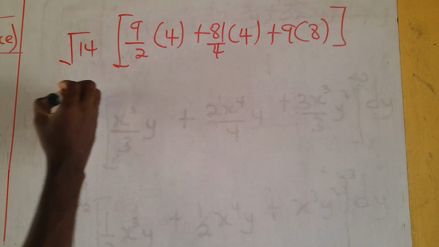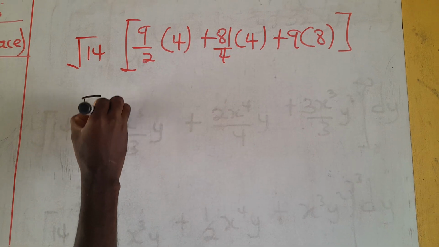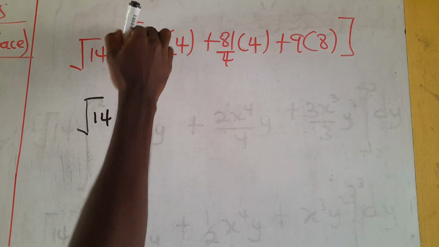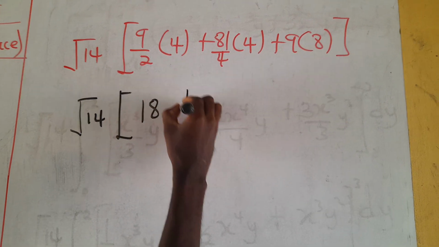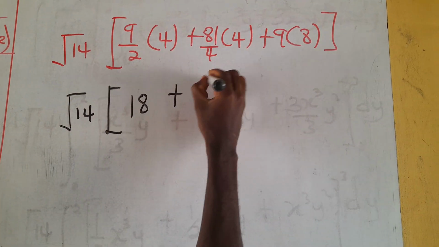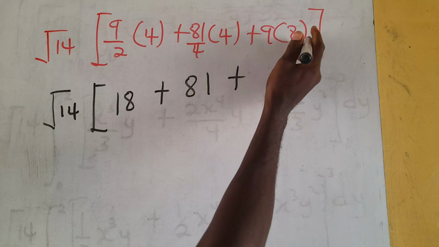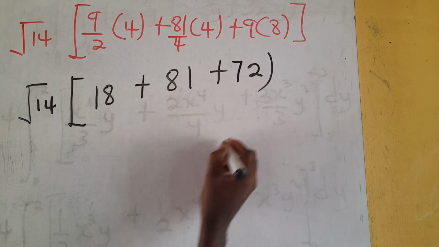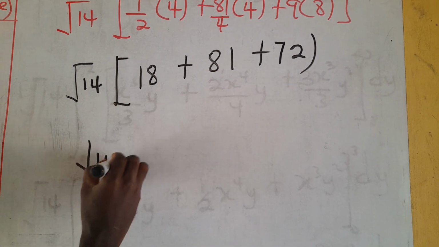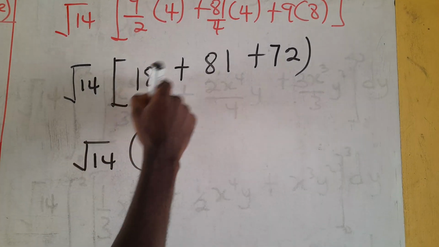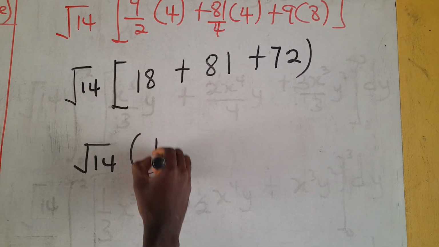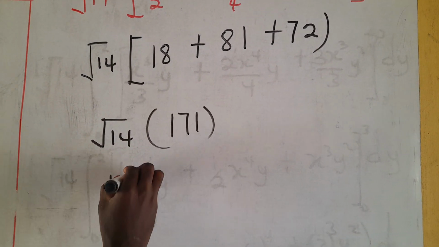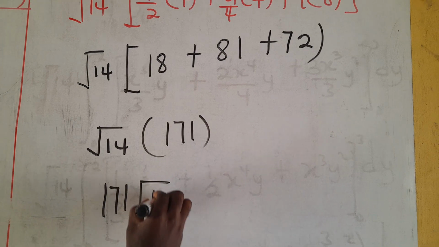So when we simplify this further, we have the square root of 14, 2 going into 4, 2 times 9 will be 18, plus this 4 will divide that, we have 81. Then 9 times 8 is 72. We have root 14, 18 plus 81 plus 72 is 171. So we can say this is 171 root 14.